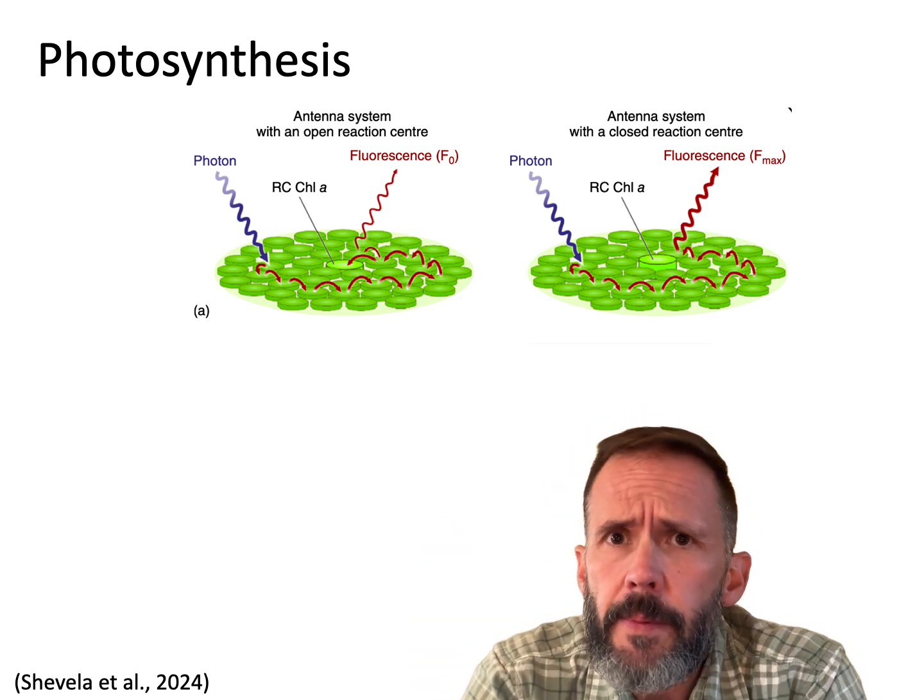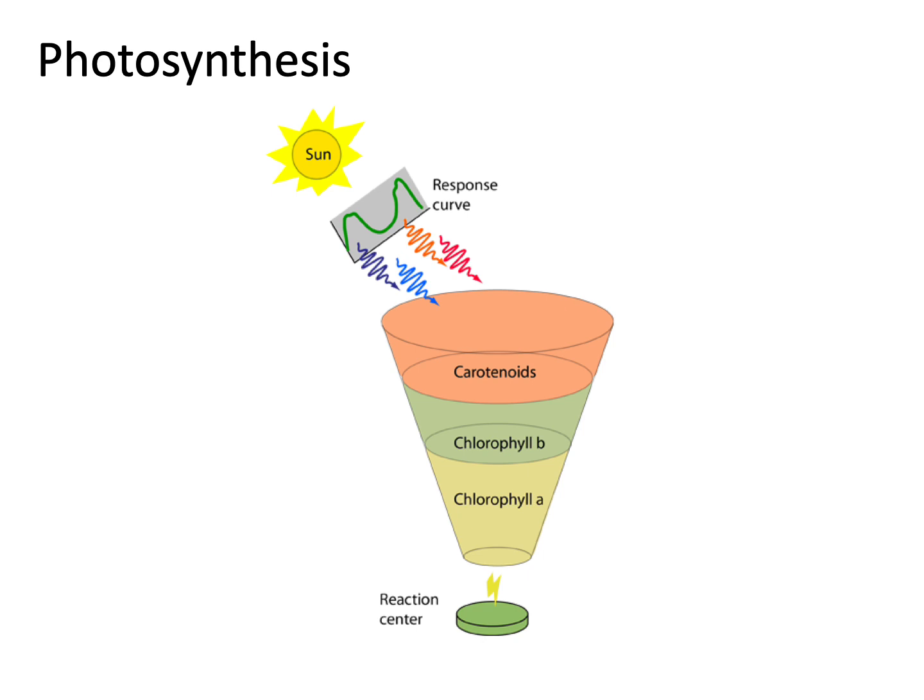If you were to look at some of the pigments that are receptive to photons that we see within these reaction centers, right, you can see the sun, and there are these peaks of absorption that we're kind of familiar with that can make their way through these different pigments. So there's the carotenoids, there's chlorophyll B, chlorophyll A, and then molecules of chlorophyll A within the reaction center.